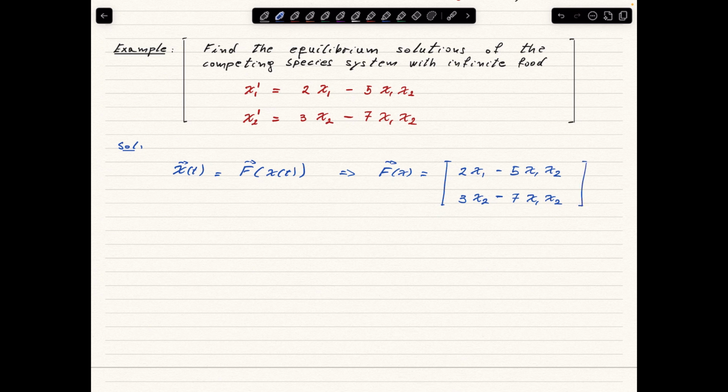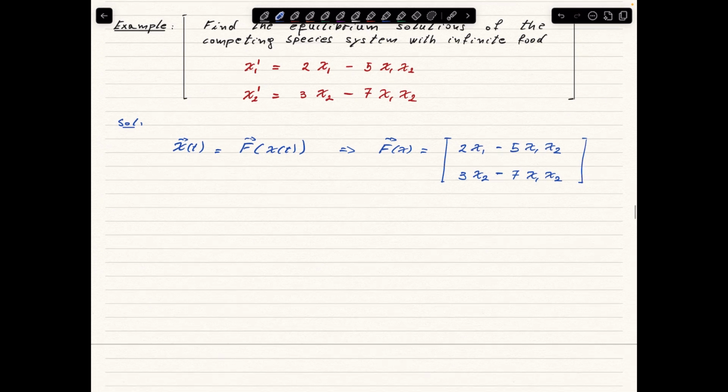Now we are looking for the points x, which is x1 and x2, that are solutions of the equation, where the vector field at this x1, x2 vanishes.